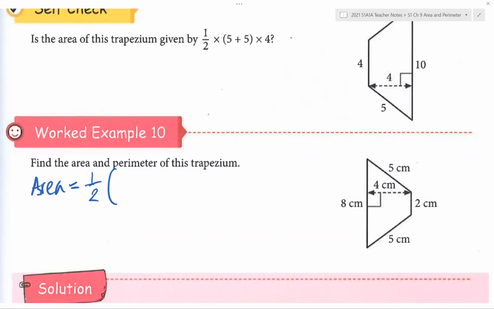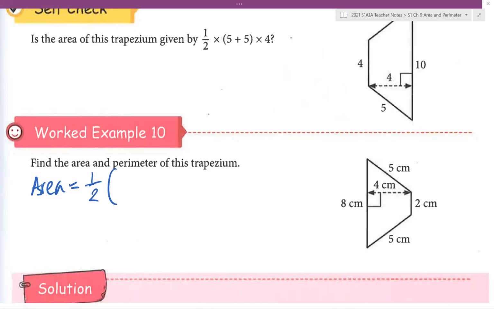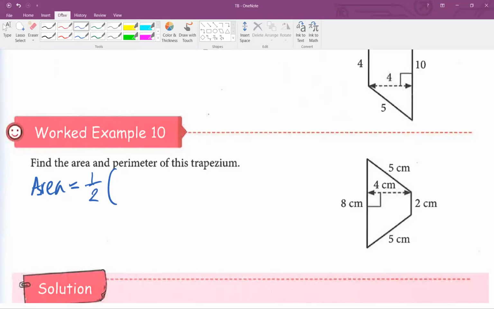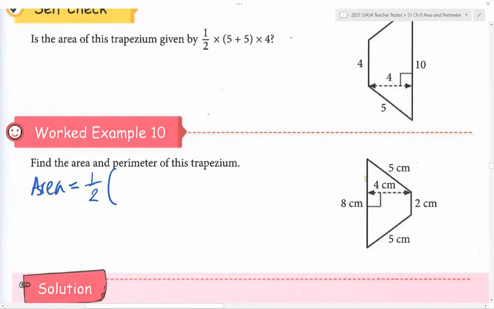That means they are in the same direction. Which of these sides, the 4 of them, which 2 sides are parallel? Parallel means they don't meet each other. They keep on continuing, they don't touch each other.